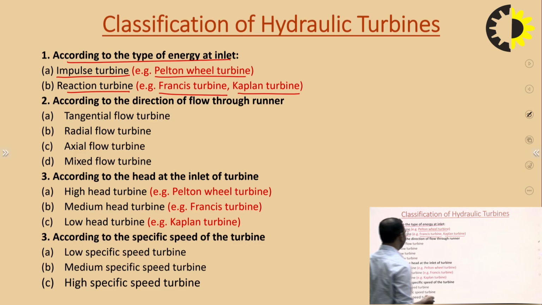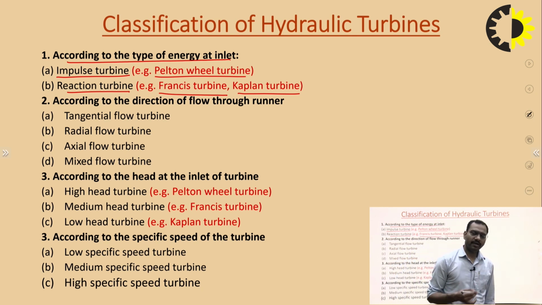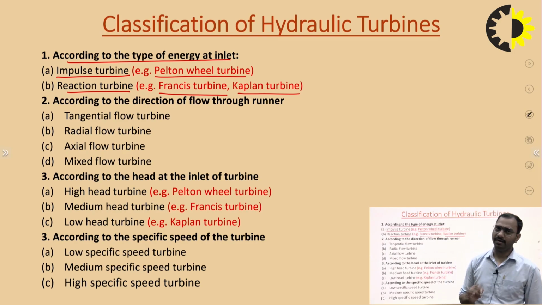If the energy at inlet is only kinetic energy, then this type of turbine is called an impulse turbine, and the example of impulse turbine is the Pelton wheel turbine. But if the energy at the inlet is kinetic energy as well as pressure energy, then this type of turbine is called a reaction turbine, and the examples of reaction turbines are Francis turbine and Kaplan turbine.